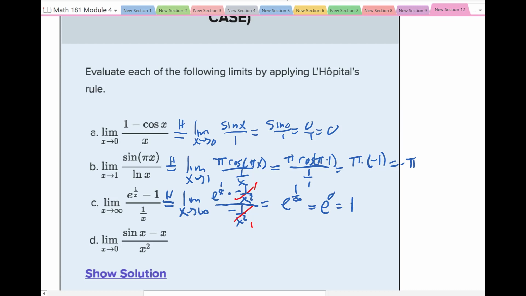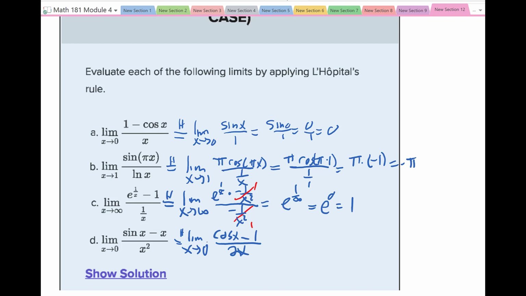And for the last one, if we apply L'Hopital's rule, which is appropriate because you end up with, again, a 0 over 0, you get the limit as x goes to 0 of cosine of x minus 1 over 2x. If I applied that again, that's not an infinity, sorry, that's 0. I'll end up with 1 minus 1 over 0.